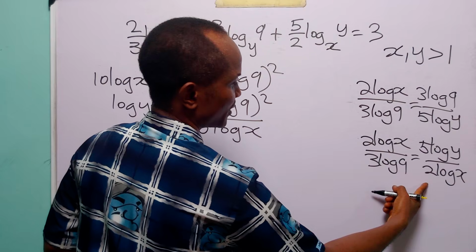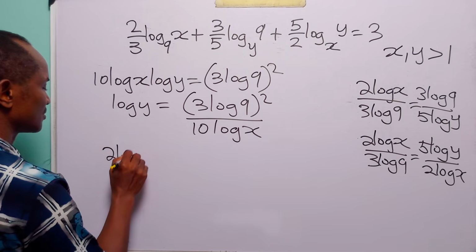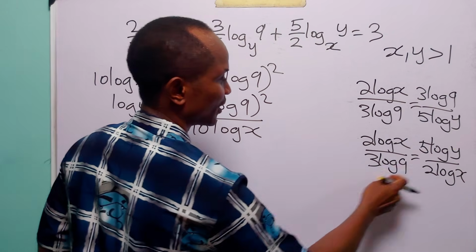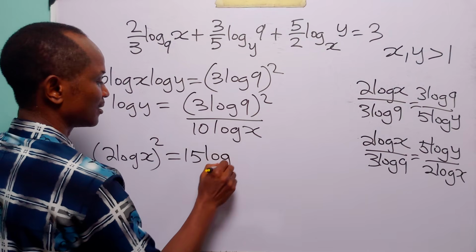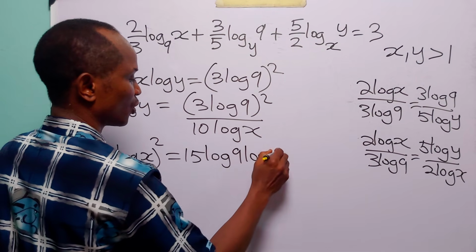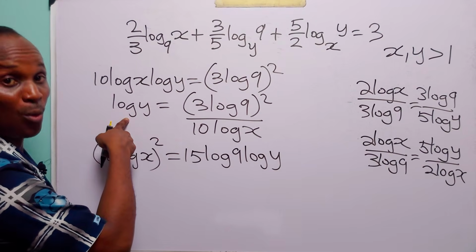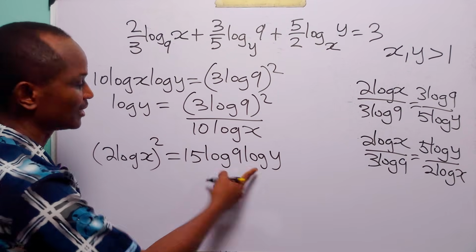From the second equation, we have that this times this, that is 2 log x squared, is equal to 3 log 9 times 5 log y, that is 15 log 9 log y. But we already have this relationship for log y, so we can substitute this for log y in the second equation.